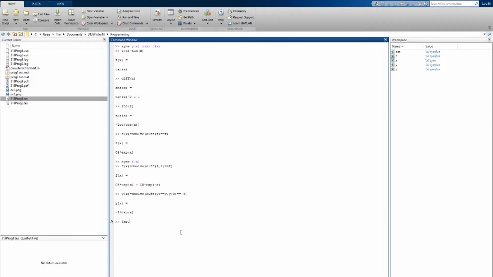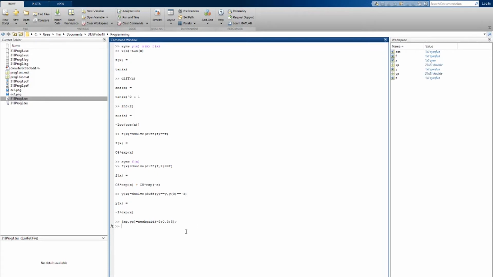And if you look at the next line in the example, it's going to be something like this. 0.5 to 5. Okay, now let me talk a little bit about what this means. Let's just run it first.